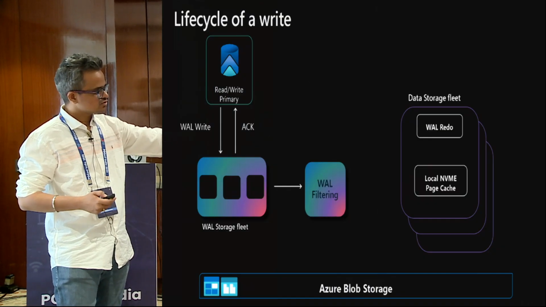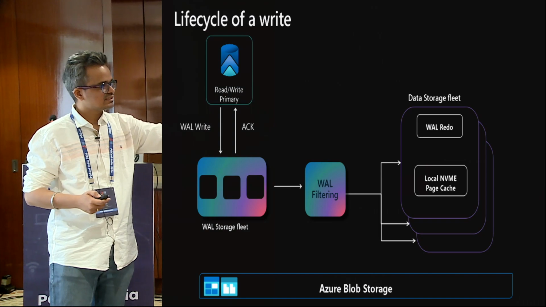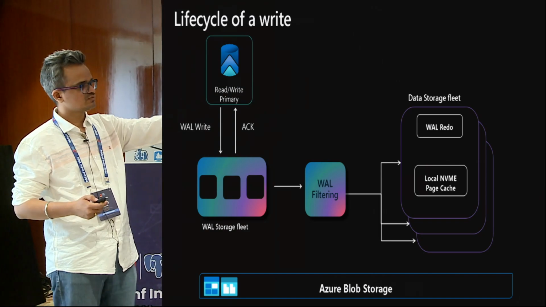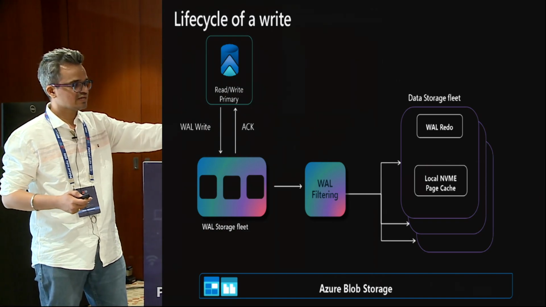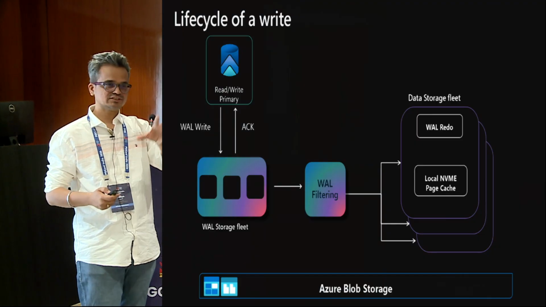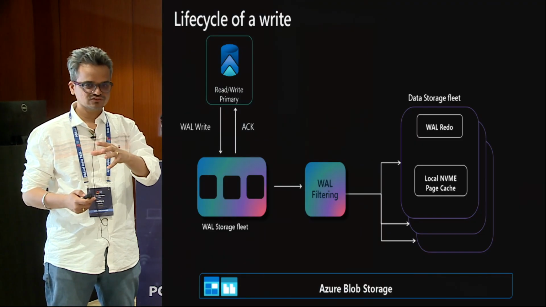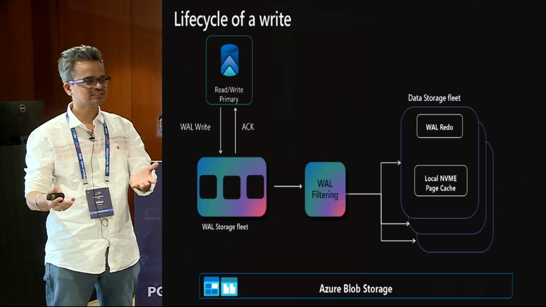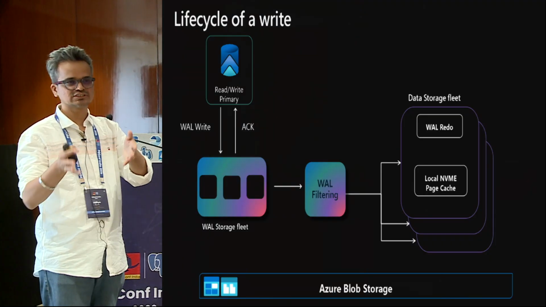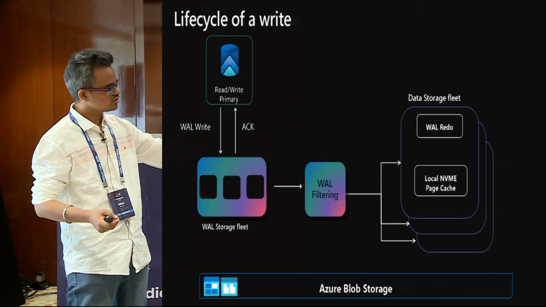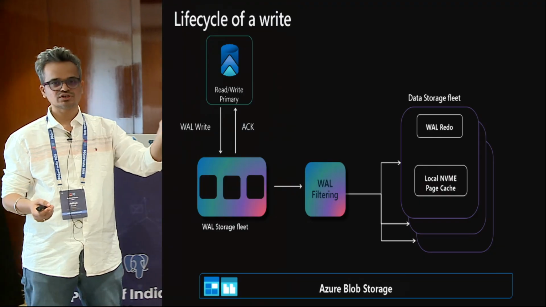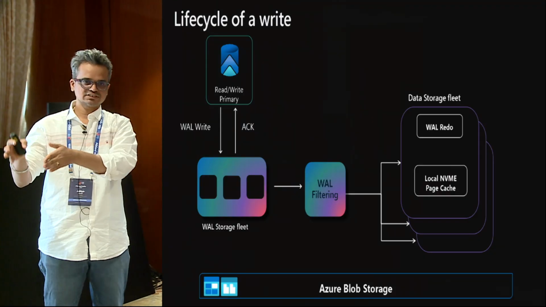Then the WAL storage fleet sends the data to the data storage fleet, where we have a concept called WAL filtering. It ensures that if a shard does not have the complete data, for example page 42 is not available for one shard or one node, then the WAL storage fleet will send only page 42 to that node.